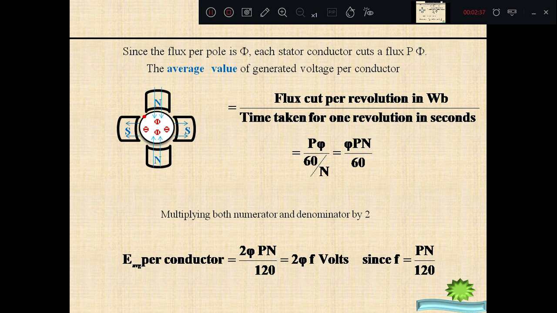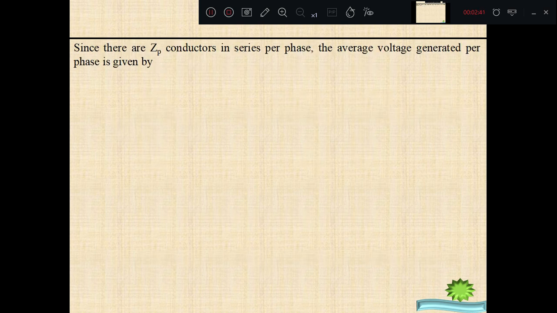Since 2fφ is the induced voltage in a single conductor, the total average voltage per phase is 2fφZp.